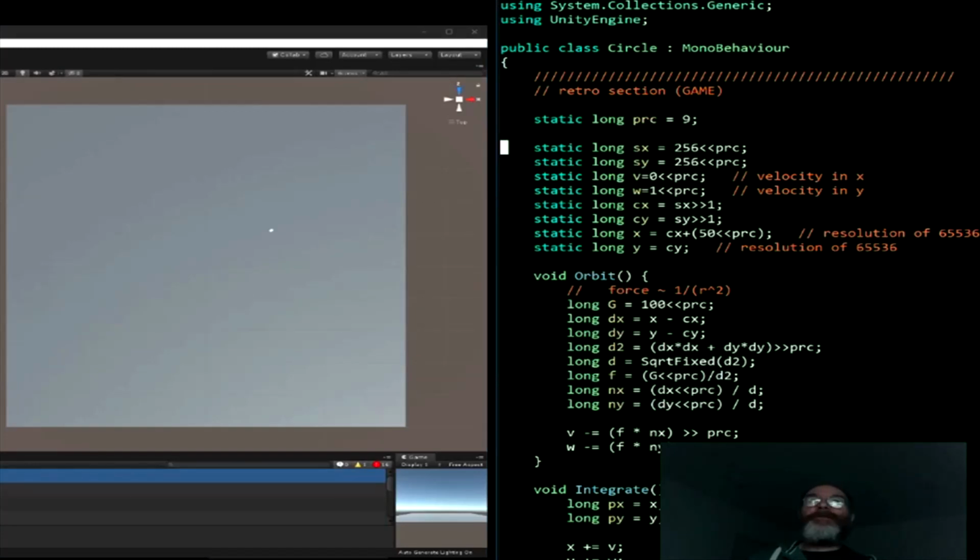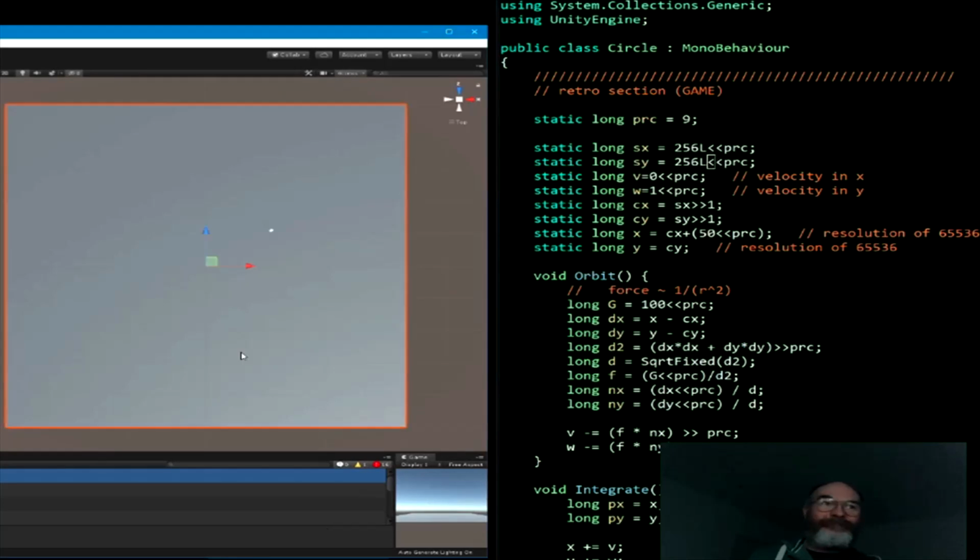let's see if I've changed all these to longs, and then it doesn't like something. I've got some errors. I mean, geez. There we are. This problem again of type safety. This obsession with type safety. Won't let me just define 256.